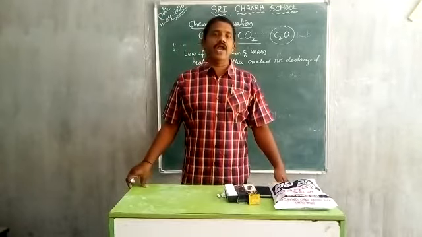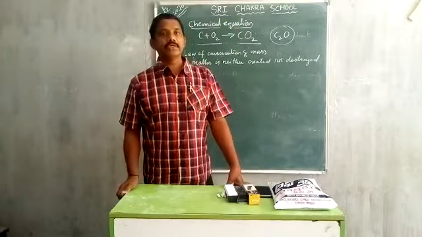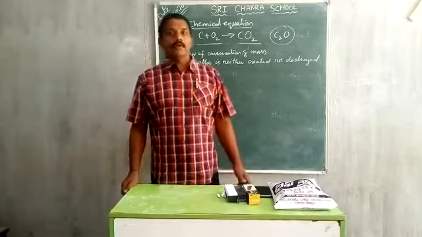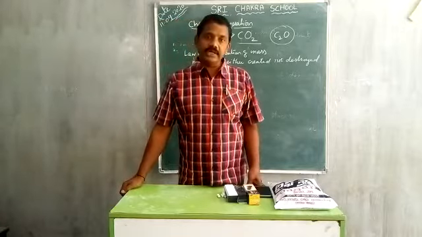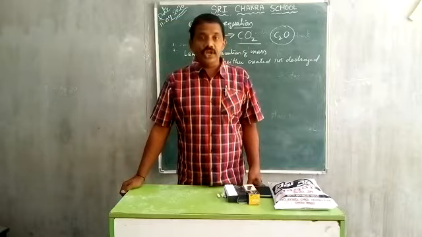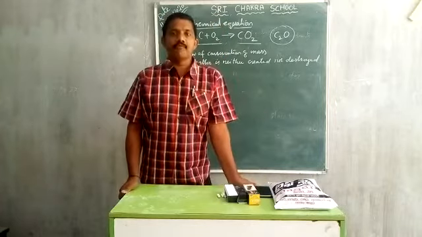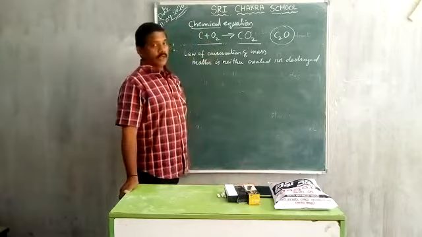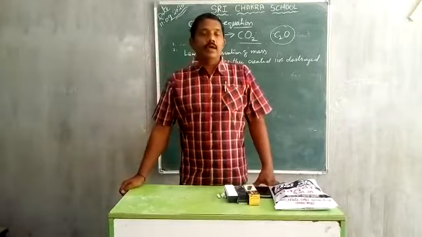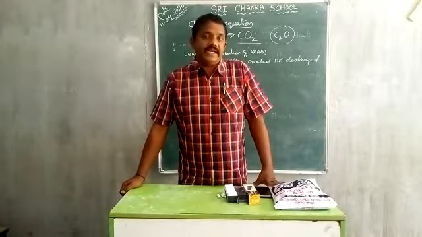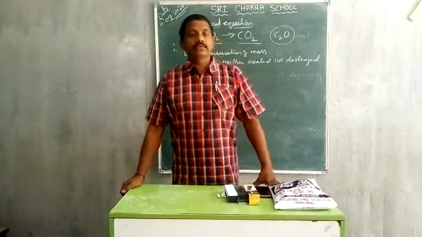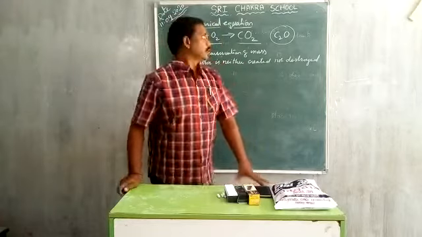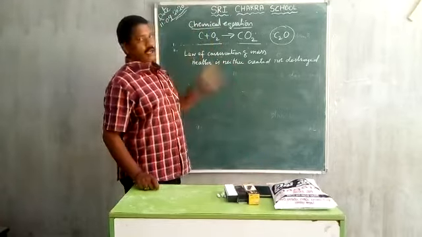What is the information conveyed by an equation? Number one, reactants participating in the reaction and products formed after the reaction. You can find out. Number two, how much quantity of reactants participating in the reaction and quantity of products formed after the reaction. These two things are known by the chemical equation.